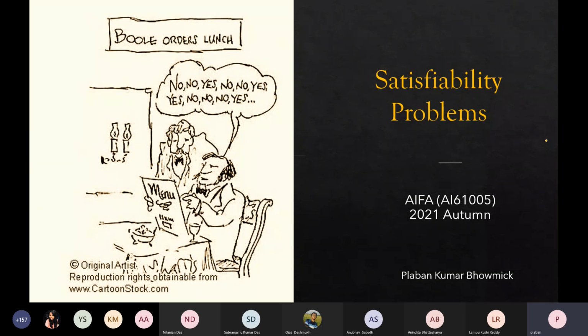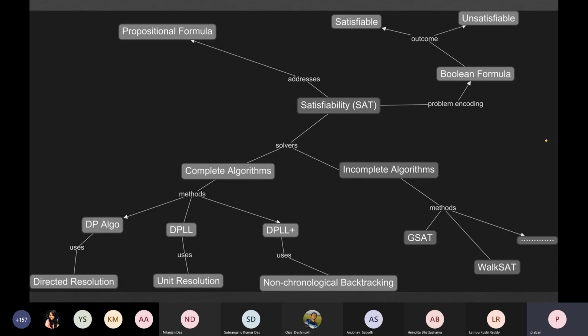Either there might be an assignment for which your formula is satisfiable, or you might not have any assignment for which the formula is satisfiable. In that case, we'll declare that formula to be unsatisfiable. These are the kinds of concepts involved in this particular problem of satisfiability.